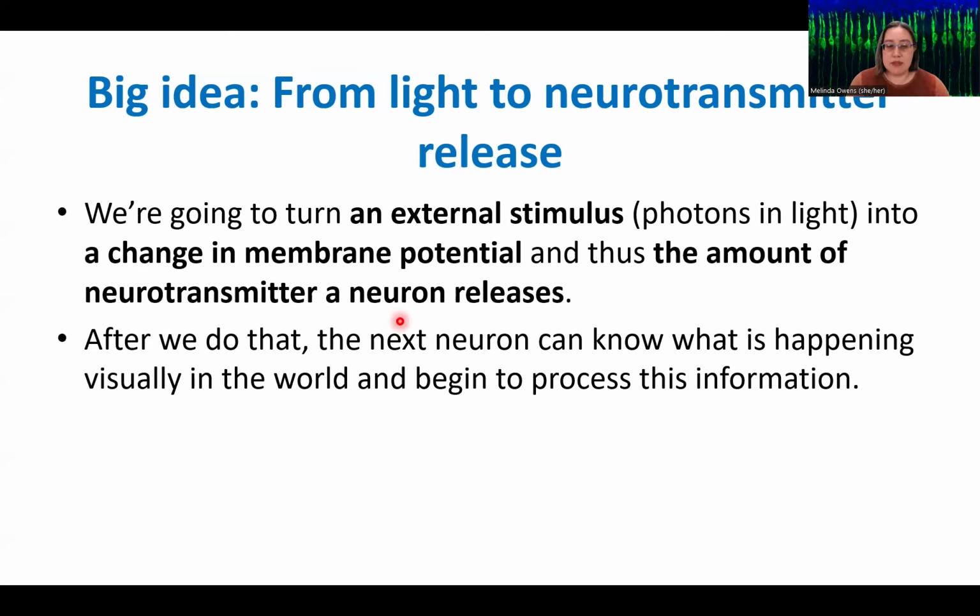After we do that, the next neuron, and actually the retina itself is incredibly complicated, not to mention the whole brain, like half your brain almost is devoted to processing sensory stimuli of some sort. But it all starts right in our retina, in our photoreceptors, those neurons getting the light information and changing their neurotransmitter release to tell the whole rest of the brain what is going on in the visual world.